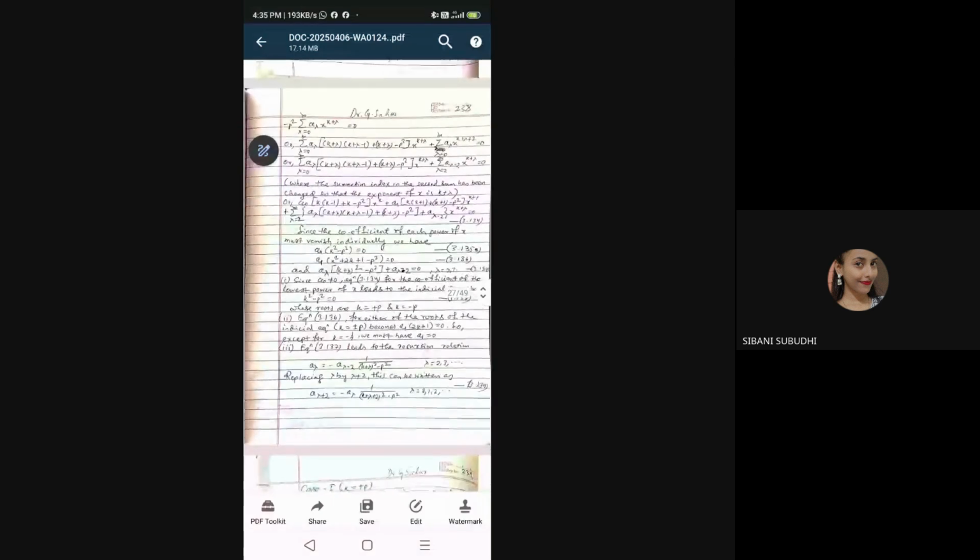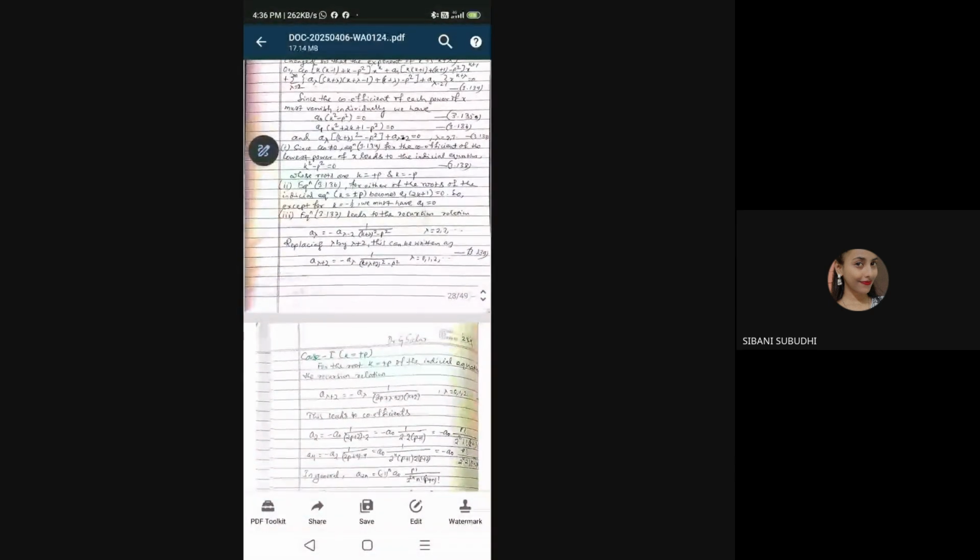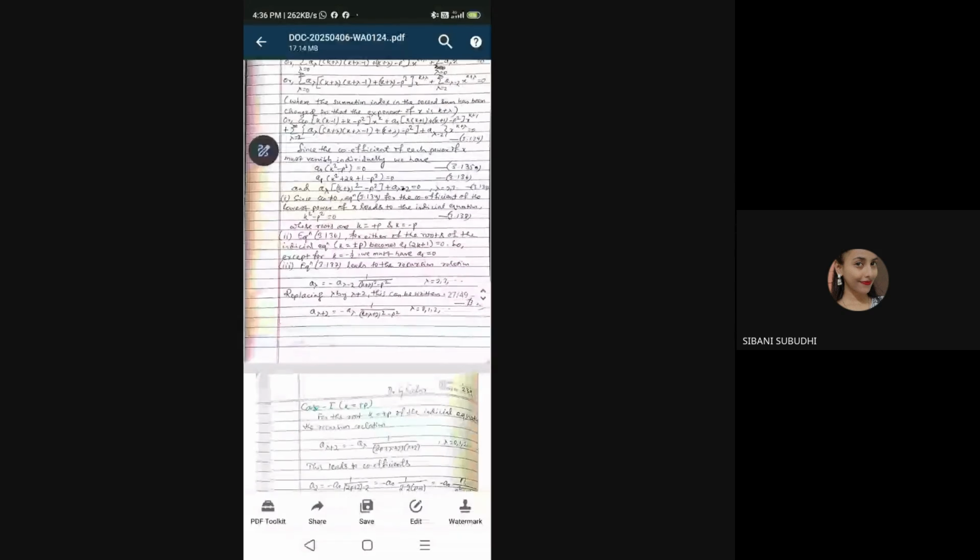So from the initial equation you have k is equal to plus p or minus p, because the initial equation comes from the lowest power of the expression, and your initial equation is a0 (k square minus p square) is equal to 0. So since a0 is not equal to 0, k square minus p square is equal to 0, so k is equal to plus minus p. And the recurrence relation will be the coefficient of the highest power of x, that is x to the power k plus lambda.